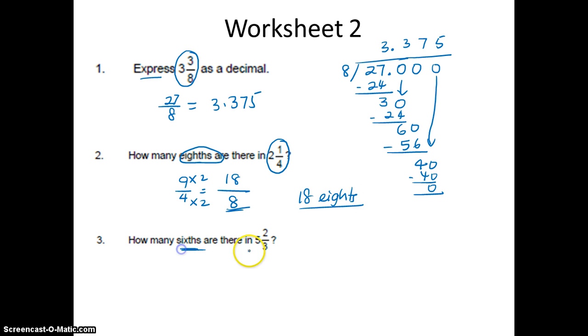How many 6s are there in 5 and 2/3? 5 and 2/3 will be 17/3. I want to find out how many 6s there are. So 3 times 2 is 6. So 17 times 2 is 34. So there are 34 sixths.